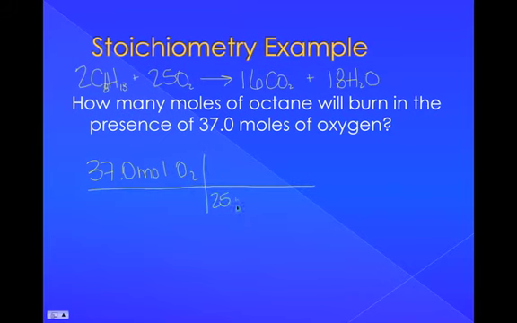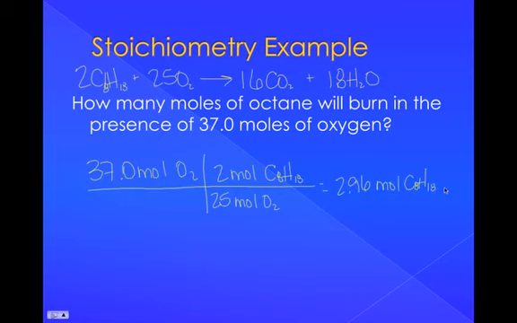For every 25 moles of oxygen, we're going to burn 2 moles of octane. And that works out to, let's see, 37 times 2 divided by 25 gives us 2.96 moles of octane.